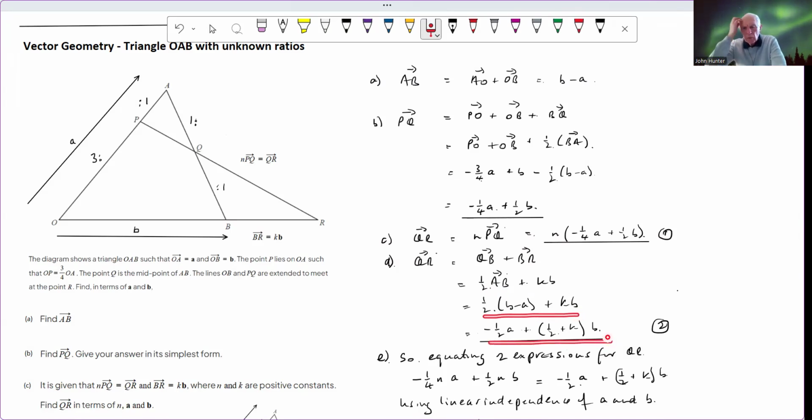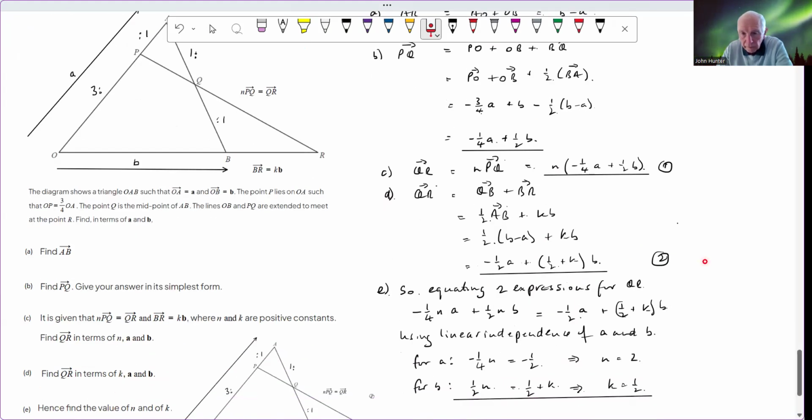Okay, so now we've got two expressions for QR, that one and that one. And because of the linear independence, we can actually equate the A part.